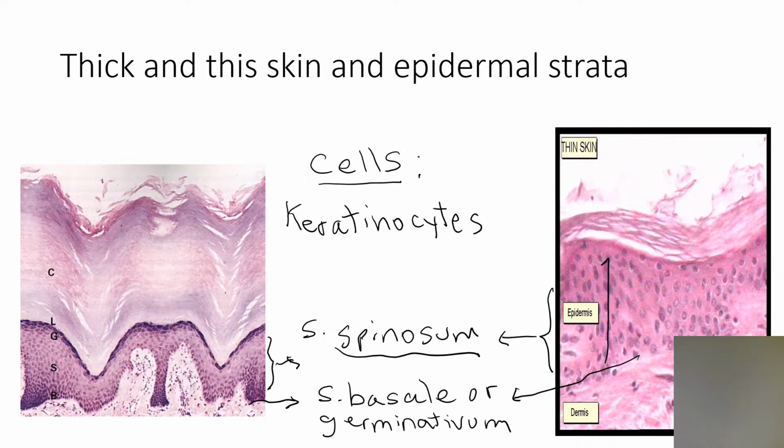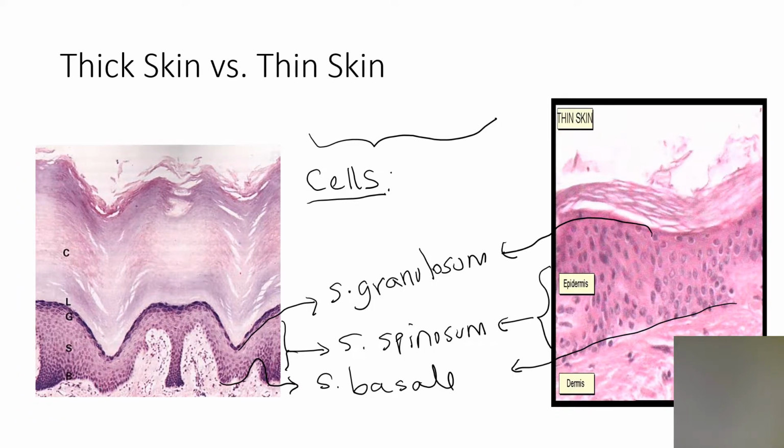The older cells of the stratum spinosum are pushed to the superficial layers, and as they do so, they lose their nucleus, organelles, and begin to accumulate keratin. Above or superficial to the stratum spinosum is a thin layer of cells that have a granular appearance.